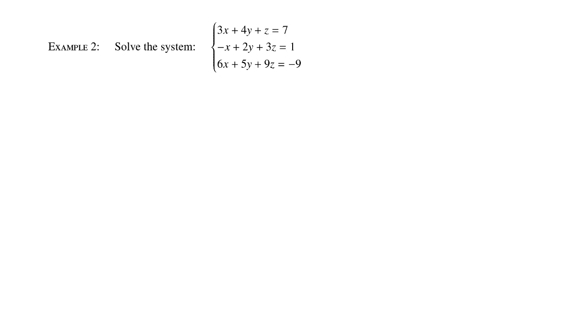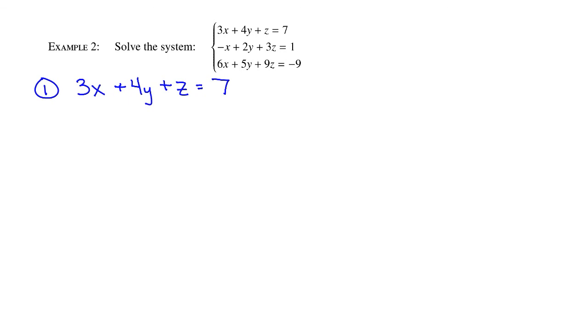Let's take a look at example number 2. Solve this system. So first thing we notice is that all the equations are in the standard form. So next, I'm going to pick a pair of equations to work with. So I'll pick the first equation, 3x plus 4y plus z is equal to 7.